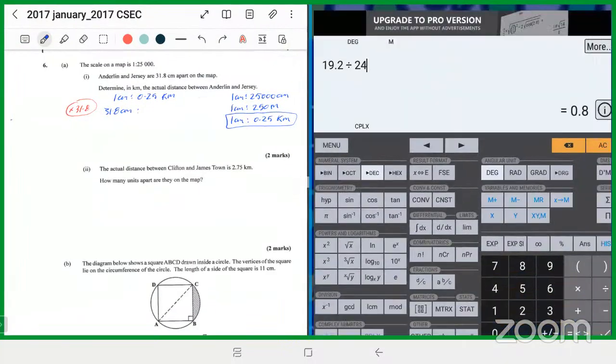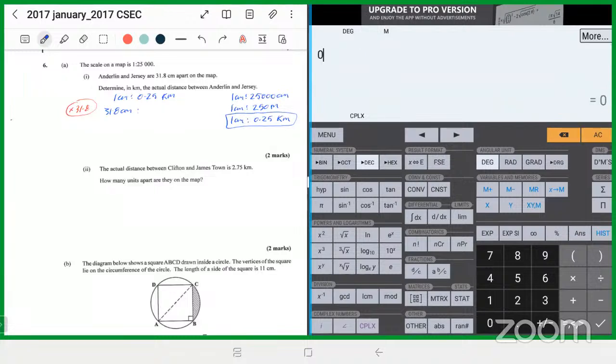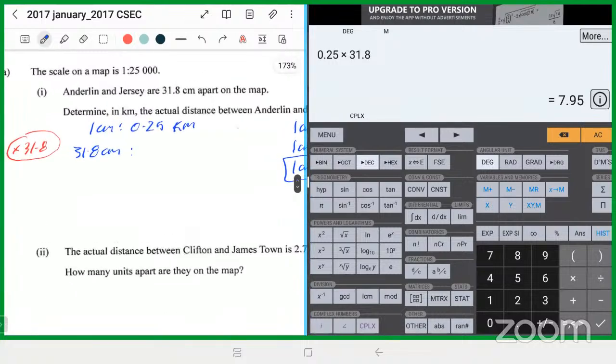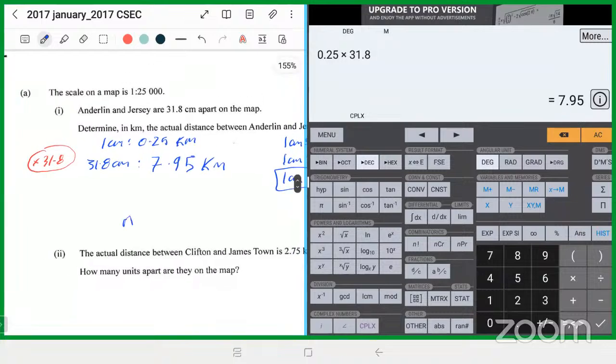How much do you get? All right, 0.25 times 31.8 is 7.95 kilometers. So that is the actual distance. That's the answer right here. All right, so you can write that. The answer for this question is 7.95 kilometers. That's the actual distance.